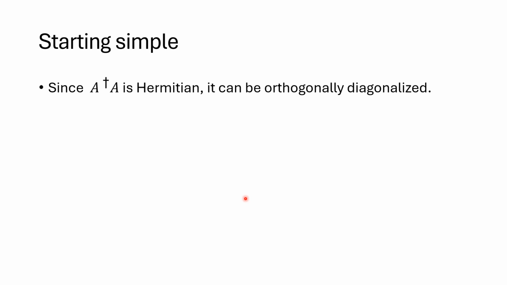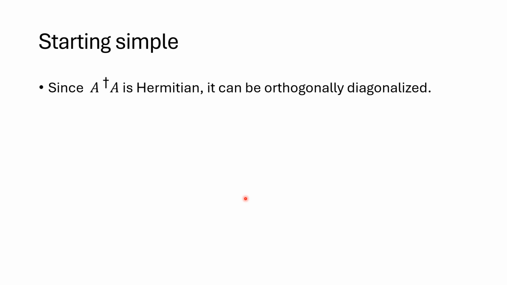Now, let's start off simple. To construct this decomposition and reach our end goal, we can utilize information we already know. So let's use orthogonal diagonalization as our starting point.